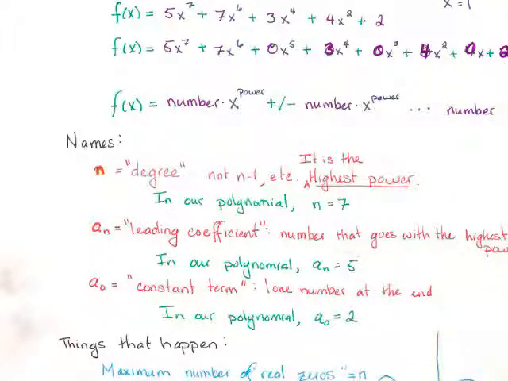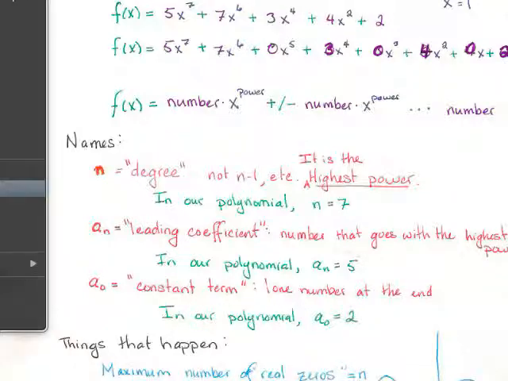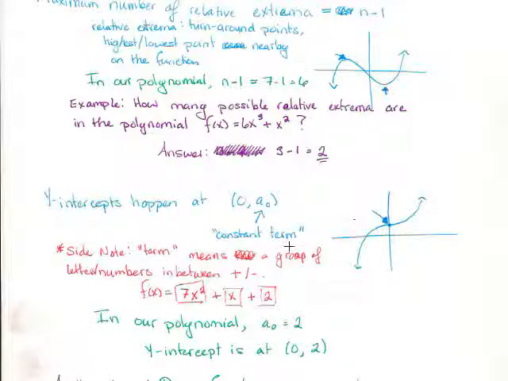It's the lone number at the end. So we just make the point 0, pull the lone number out at the end from whatever and plug it in there. And then you've got a point, which is the y-intercept.